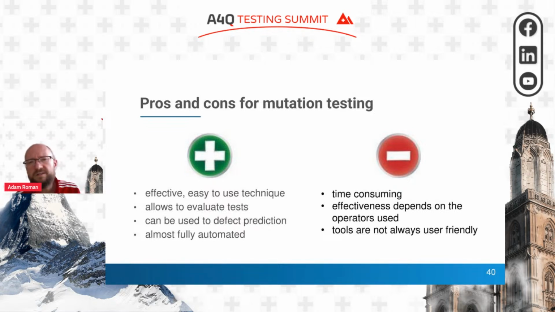This technique is considered in the literature as one of the most effective test techniques. And the cost of introducing the tool in the organization and using this process is almost zero. You just install the tool, you just put in your existing test cases, and that's all.